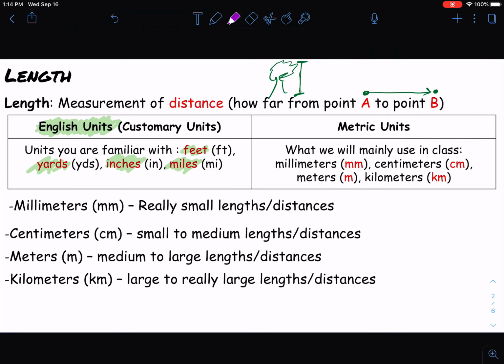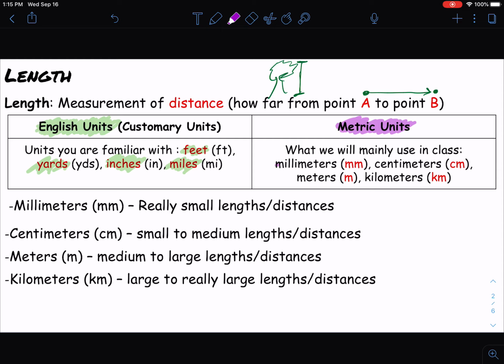What we're going to be using in class from now on are metric units. Even though it sounds different, they're a lot easier to learn, and they just take a while to visualize and get used to. Again, we're not going to be really using English units anymore. You're used to them, I understand that, but we're not going to be using them.